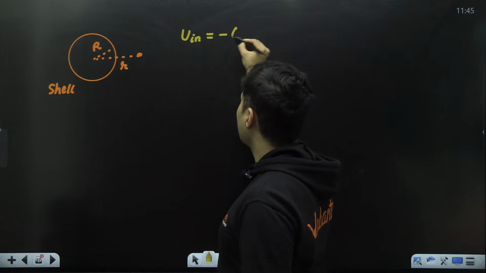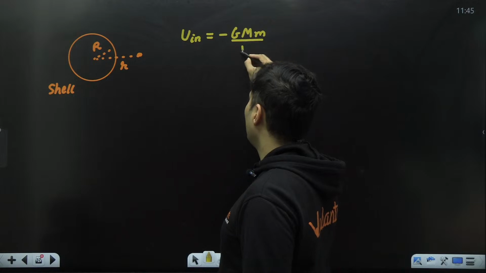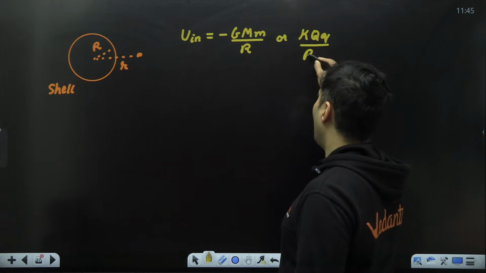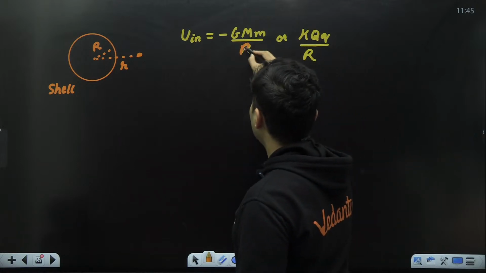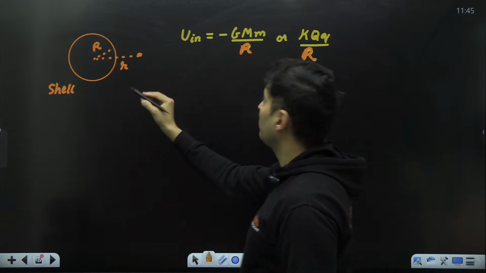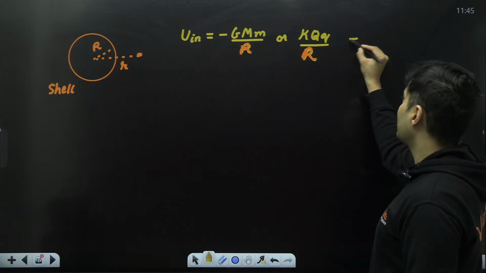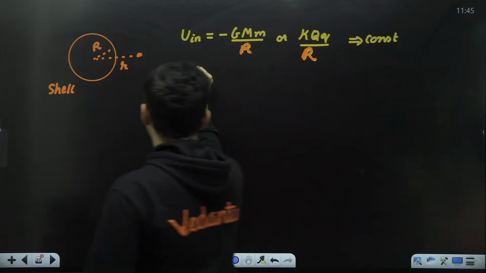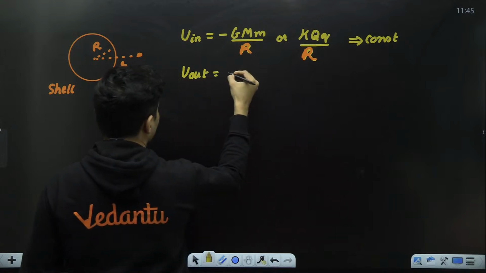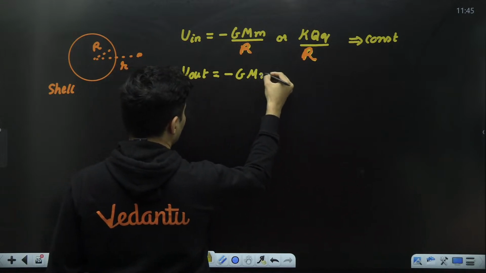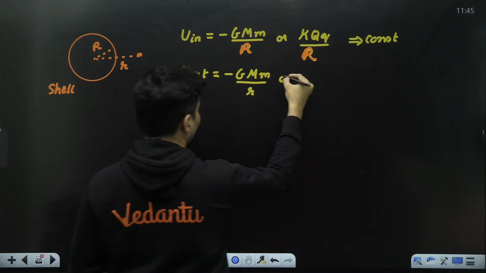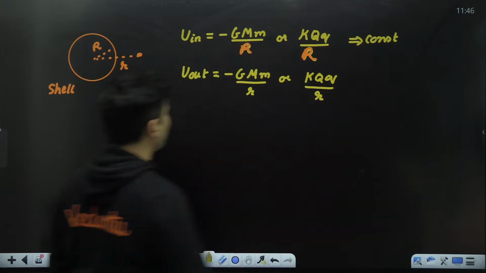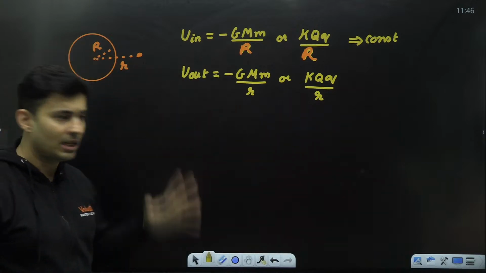It will be basically minus GMm divided by R. In case of charges, it will be kQq divided by R. This R is, please mind it, the radius of the shell. So essentially it is saying that it will be a constant no matter where you are if you are inside, but the moment you are outside, it's the same formula as that of a point mass. So minus GMm by small r, not capital R. So it will be kQq divided by small r. So that's the formula if you are taking a shell.